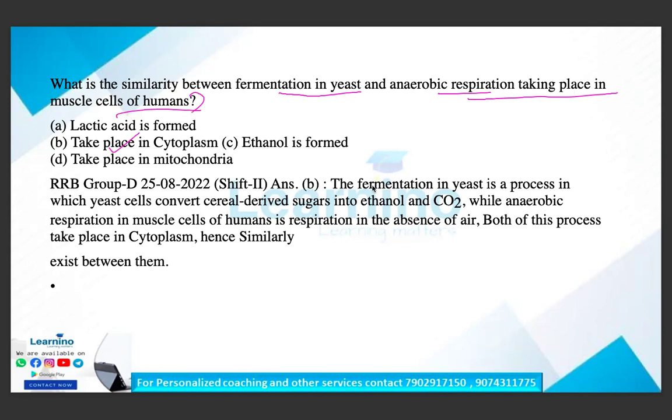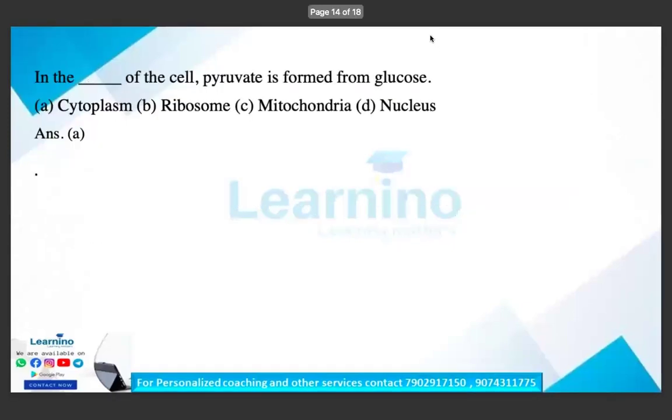Fermentation in yeast is a process with which yeast cells convert sugars into ethanol and carbon dioxide, while anaerobic respiration in muscle cells of humans is respiration in the absence of air. Both of these processes take place in cytoplasm, hence the similarity. In the cytoplasm of the cell, pyruvate is formed from glucose.